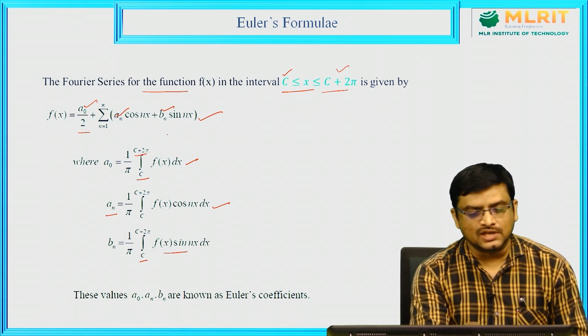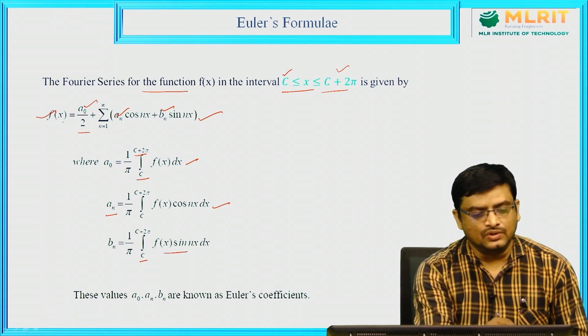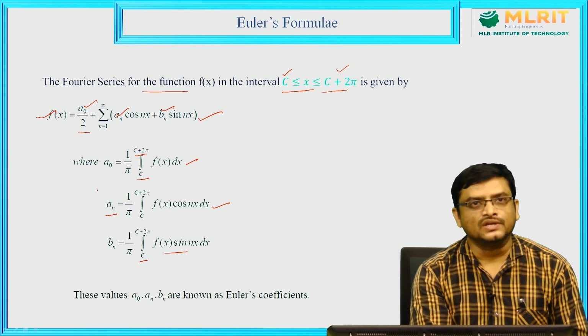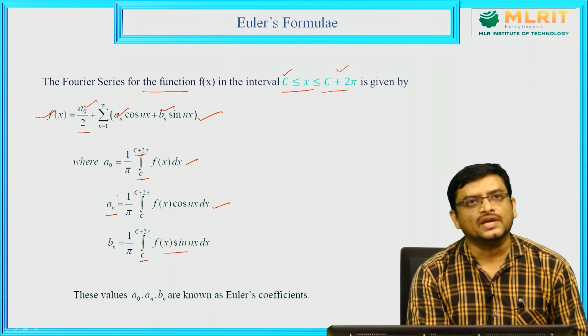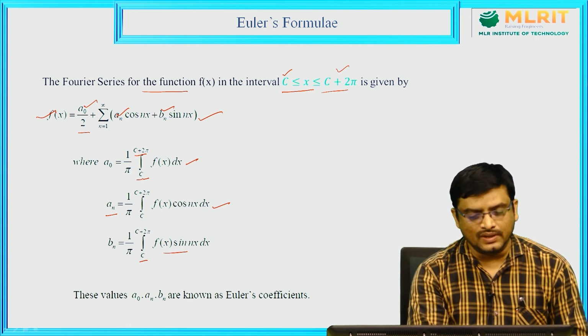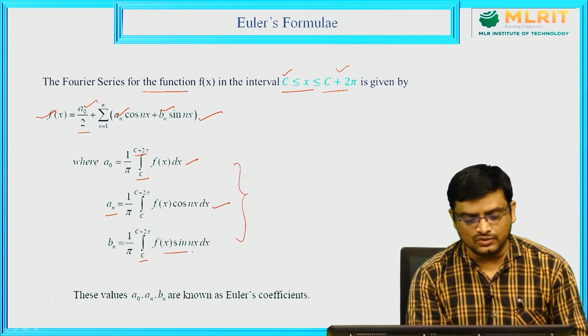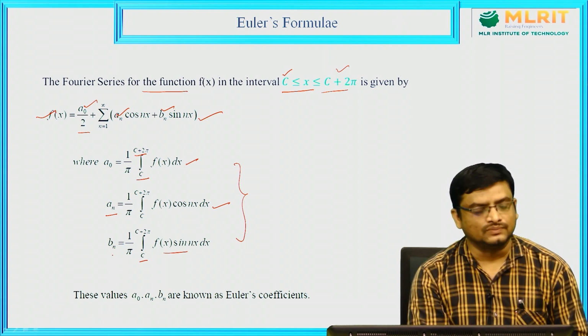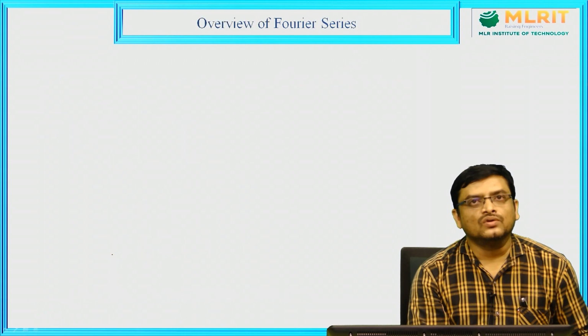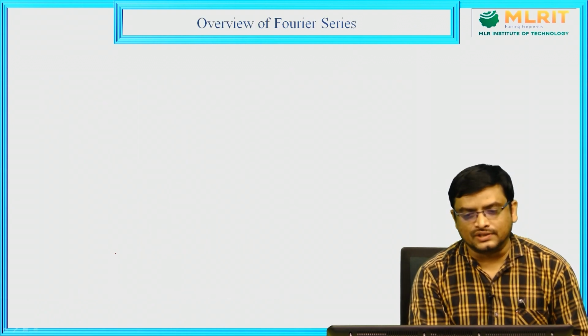This is the standard formula we will use to find the Fourier series expansion, and in the Fourier series expansion we have the coefficients a naught, a n and b n. By using these standard formulas we are going to find the a naught, a n and b n values. So now we will go for the overview of the Fourier series.